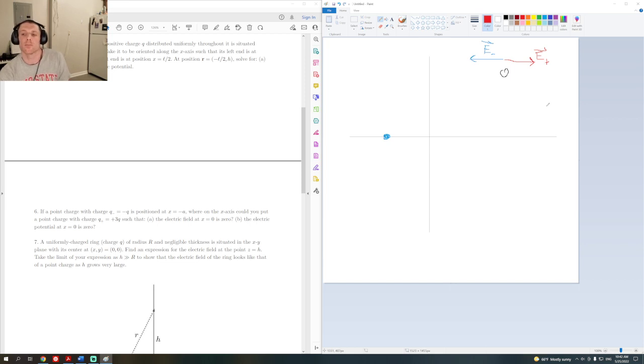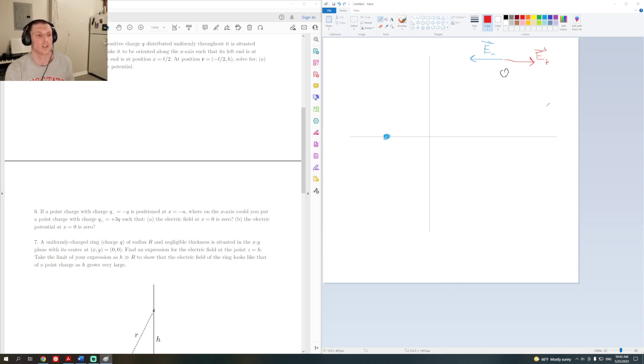So that means that this other charge has to be situated to the left of the origin. Because if the positive charge is situated to the right of the origin, we can't have an electric field that looks like this one that I drew in red at the origin.